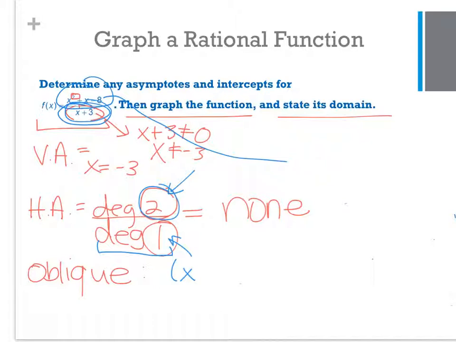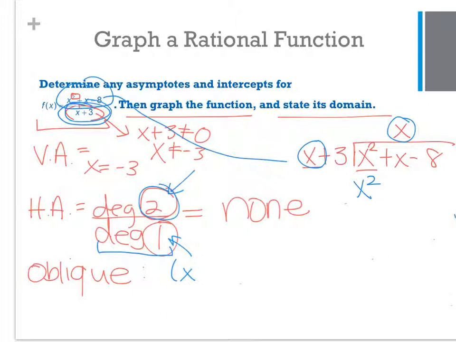And if I do that, I get x plus 3 divided into x squared plus x minus 8. So if I divide x into x squared, x goes into x squared x times. If I multiply x times x, I get x squared. If I multiply x times +3, I get +3x.